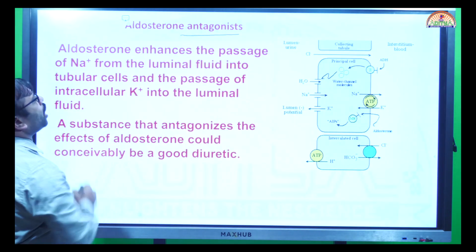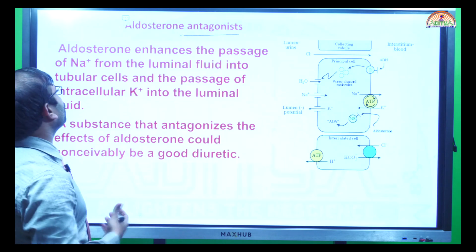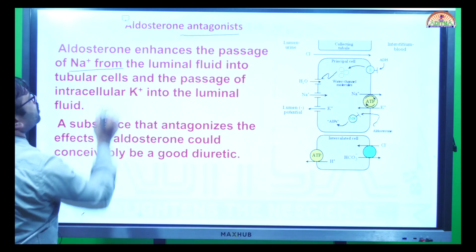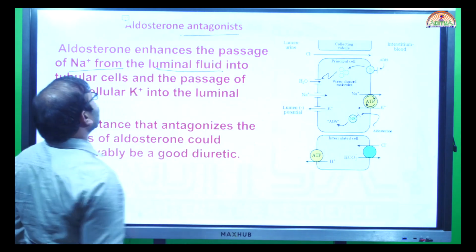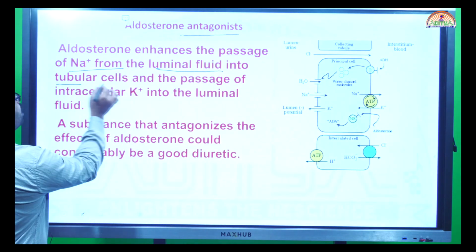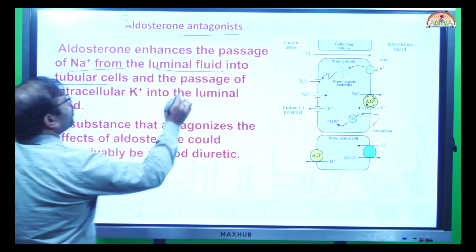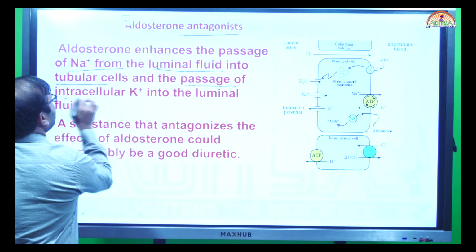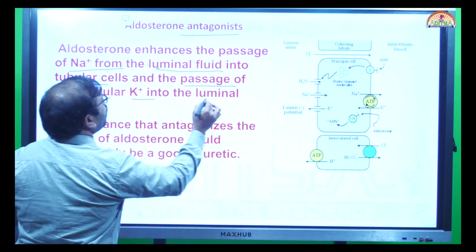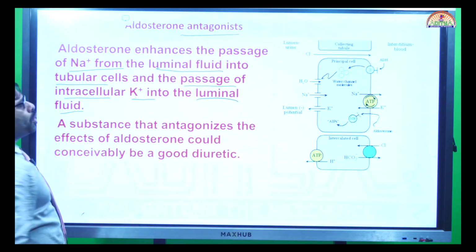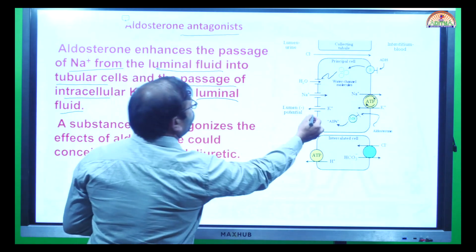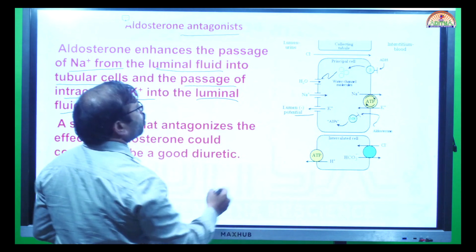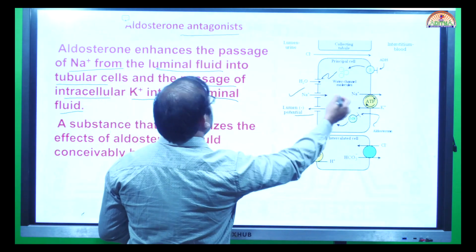Here, aldosterone enhances the passage of Na+ ions from the luminal fluid into the tubular cells, along with the passage of intracellular potassium ions into the luminal fluid. That means potassium ions pass to the luminal fluid, followed by the passage of sodium ions into the intracellular fluid.